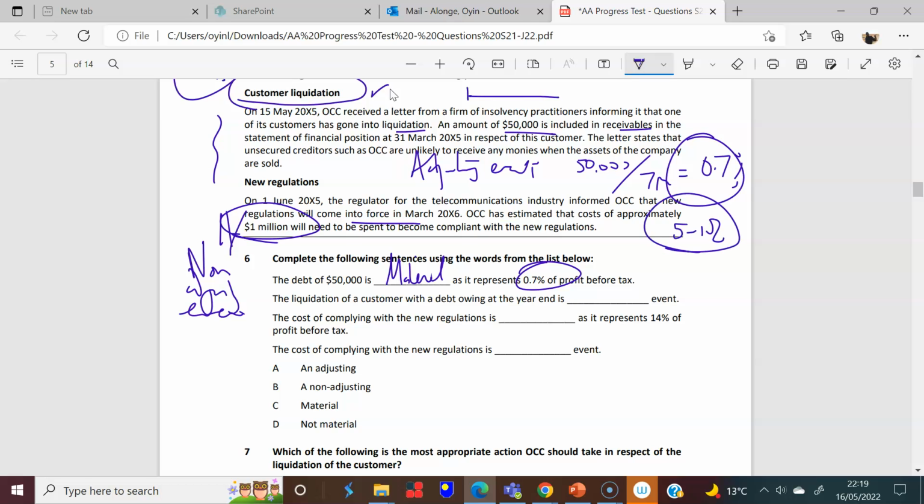It's not material, as it represents 0.7%. But in and of itself, the event is an adjusting event. The cost of complying, where it represents 14%, is material. So it is a material event. So this is not material. This is material. Right, and this is a non-adjusting event.